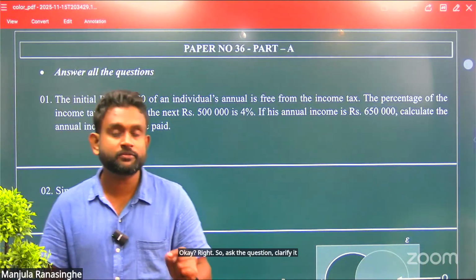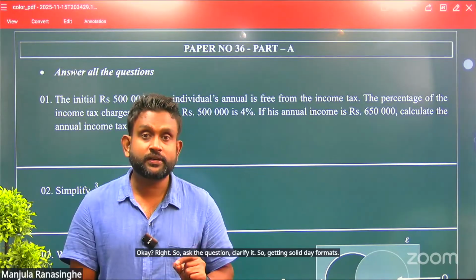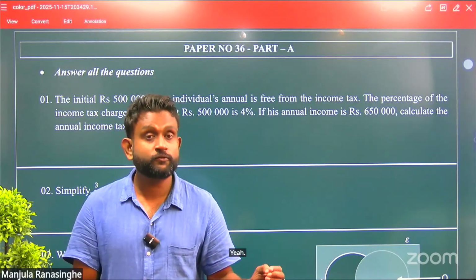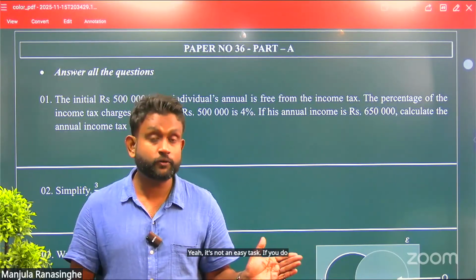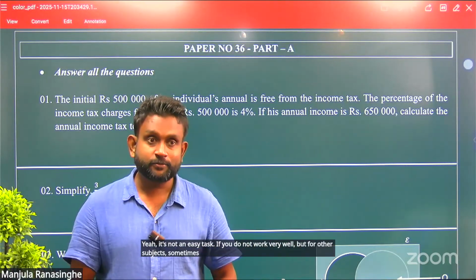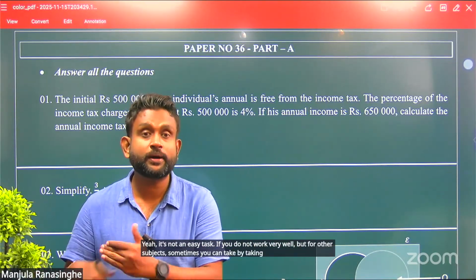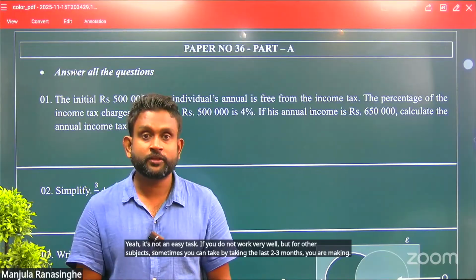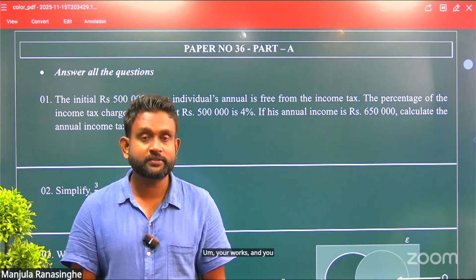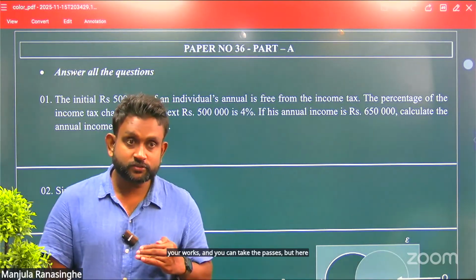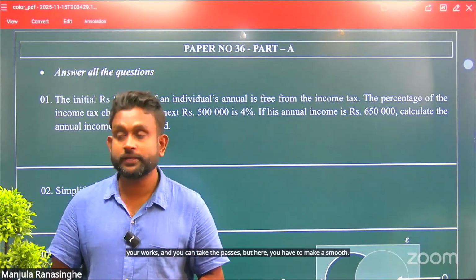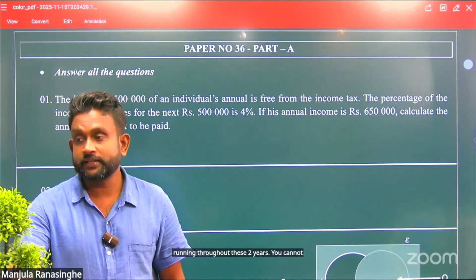Getting a solid A for maths is not an easy task if you do not work very well. For other subjects, sometimes you can take the last 2 or 3 months to do your work and get the passes. But here you have to keep smooth running throughout these 2 years. You cannot touch mathematics only in the last 2 months.